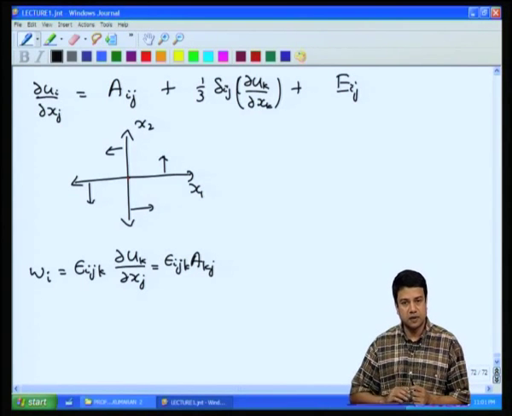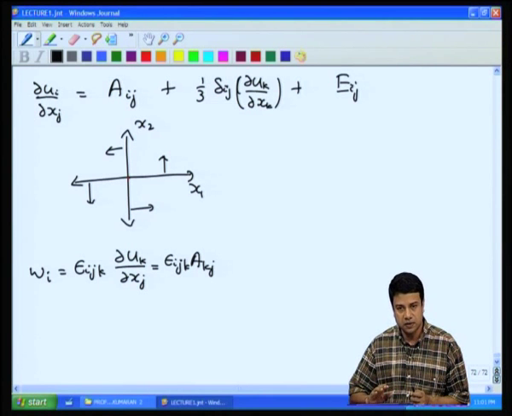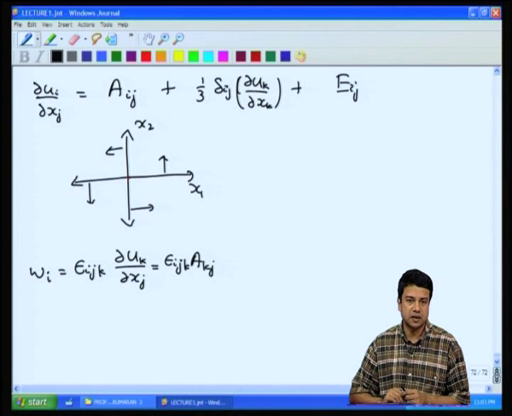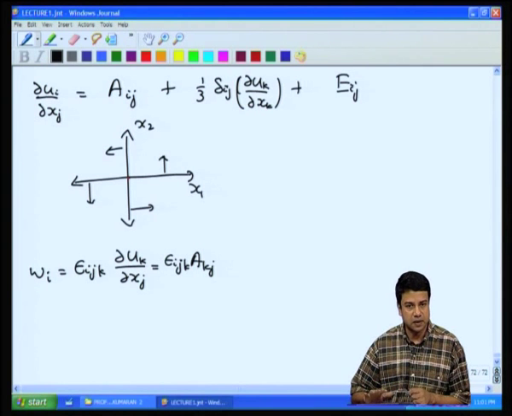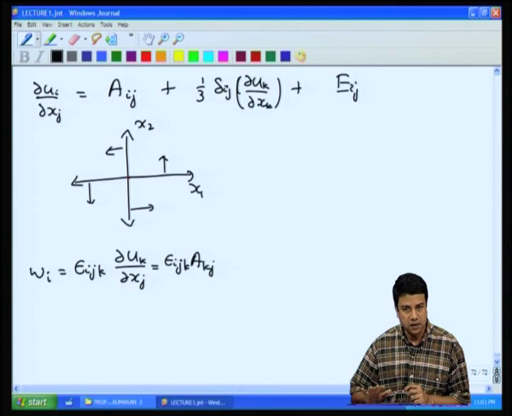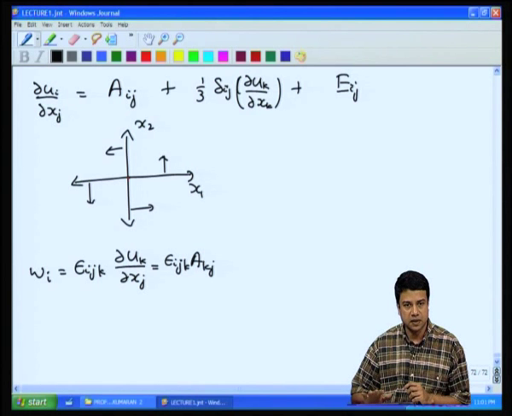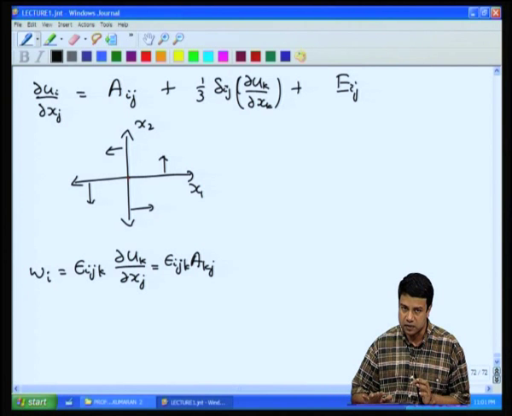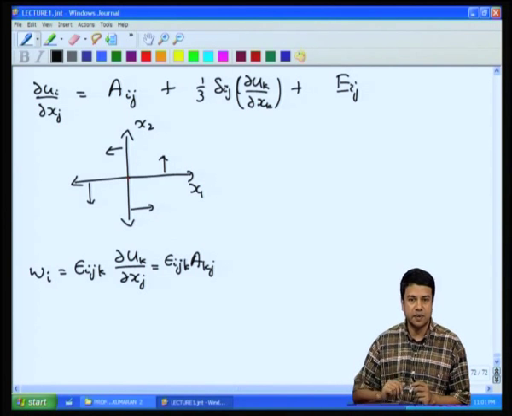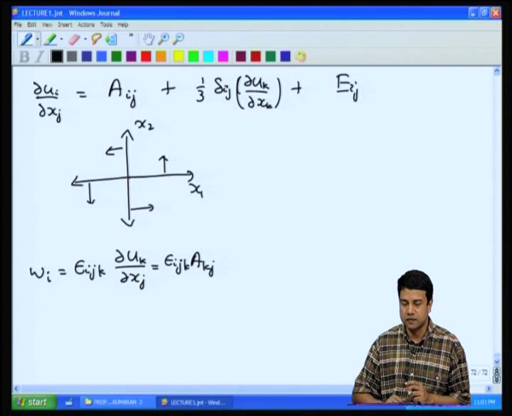So, the curl of the velocity vector is also equal to epsilon double dotted with the antisymmetric part of the rate of deformation tensor. So, if I take epsilon and double dot it with the antisymmetric part of the rate of deformation tensor, I get a vector whose direction is perpendicular to the plane of rotation. Okay. So, that is what you get from the antisymmetric part of the rate of deformation tensor.